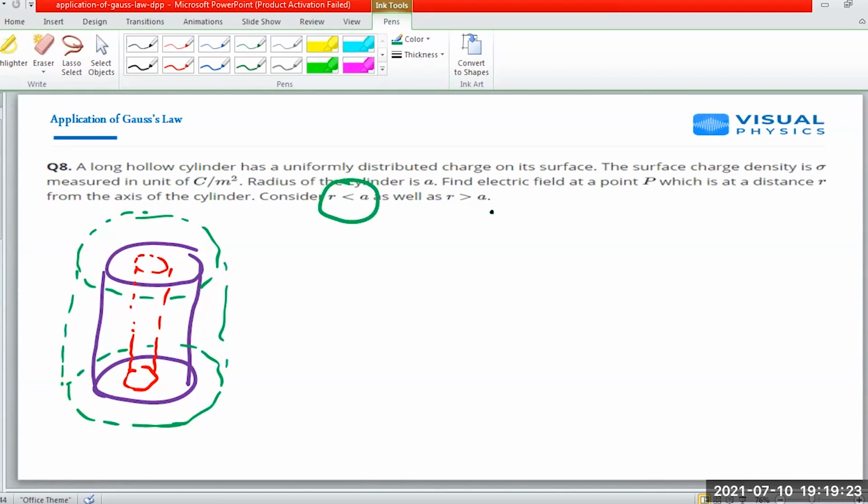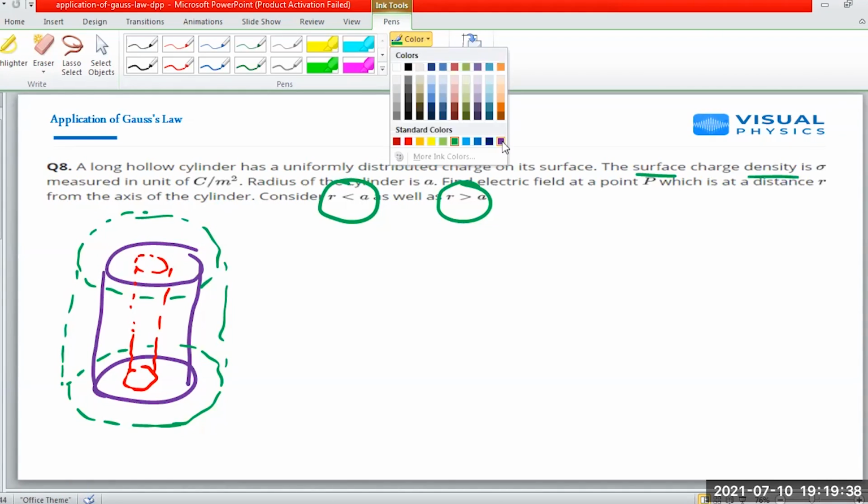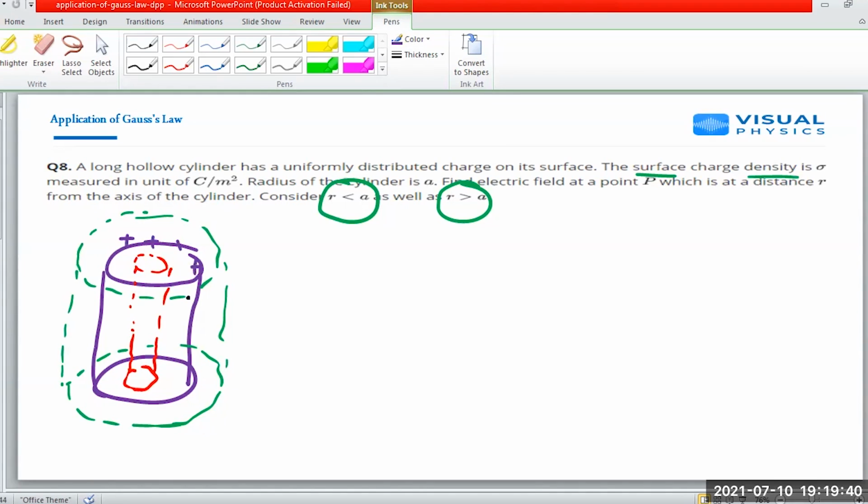When r is less than a and when r is greater than a. Already we know that surface charge density means the whole charge is residing on the cylinder surface only. Nothing is inside.